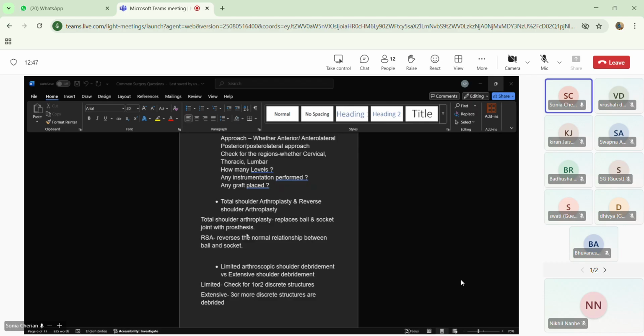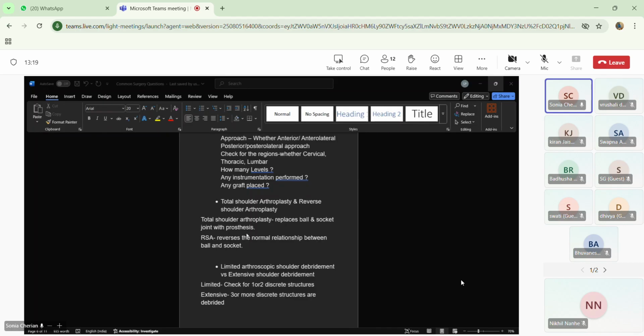While visualizing the other structures, he sees that the glenohumeral joint also has some fraying, so he needs some debridement there. So the provider is doing rotator cuff repair, debridement of the superior part of the rotator cuff muscle, and debridement of the under surface of the glenohumeral joint.